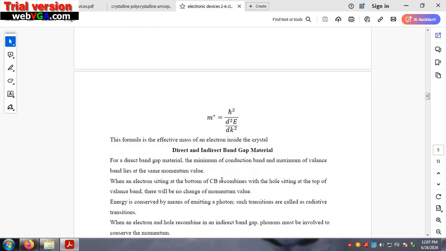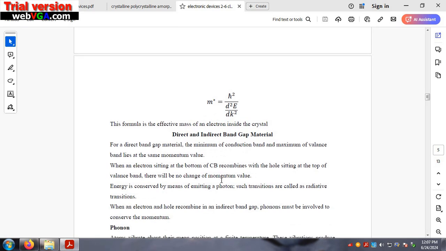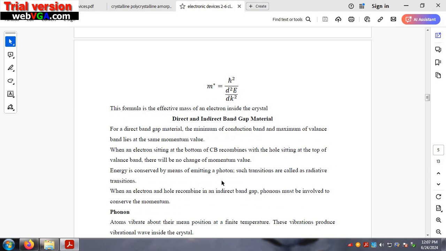Now, already I told you about the direct and indirect band gap semiconductor materials. In the direct band gap semiconductor material, the minimum of the conduction band and the maximum of the valence band are at the same momentum value. But if we consider the indirect band gap semiconductor, the case is different.